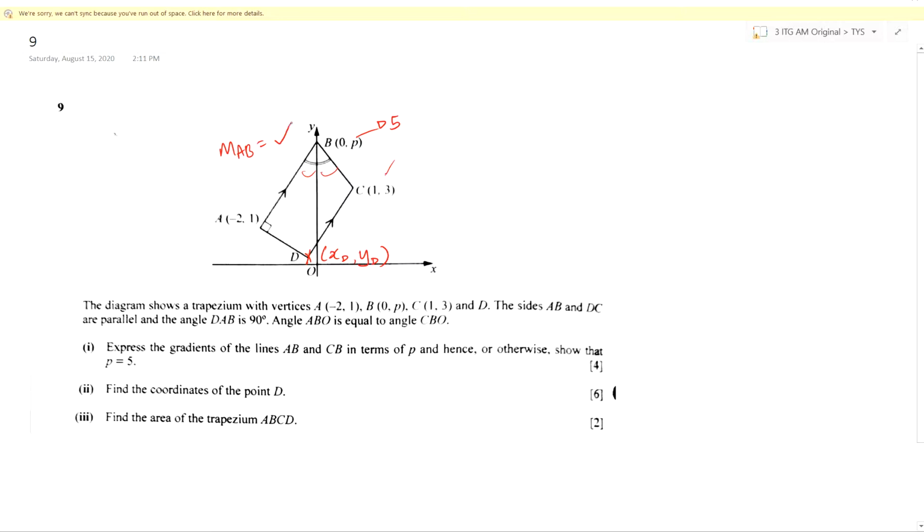We can get a gradient of CD, because it is the same as the gradient of AB. In addition, we can also find the gradient of AD.